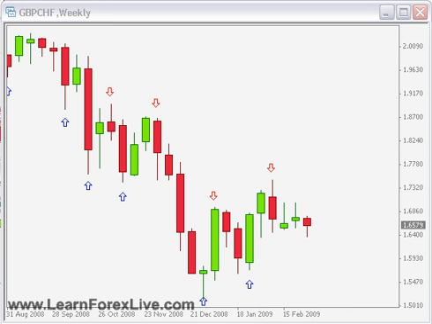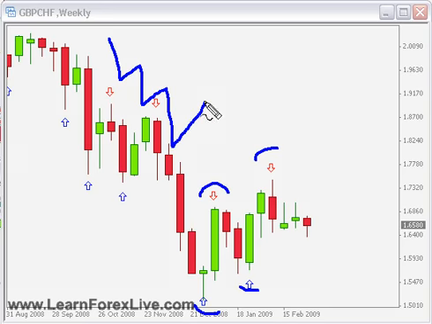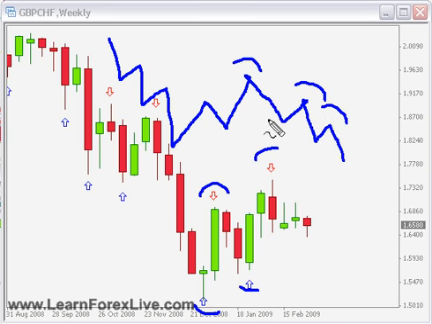Well, again, once we break this higher swing high, higher swing low pattern. Basically, what we want, if price was zigzagging down and then it turns around and begins zigzagging up, which is what's happening right now, what we want is price to begin making lower highs and lower lows.